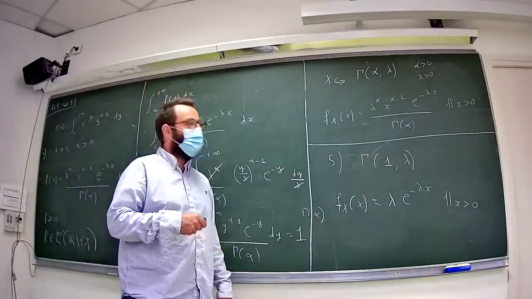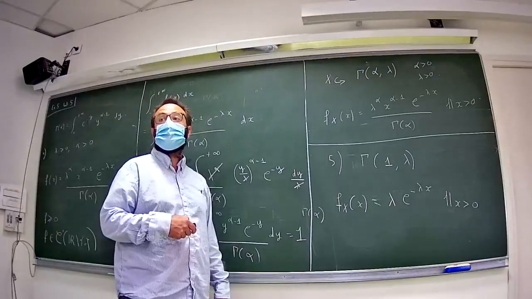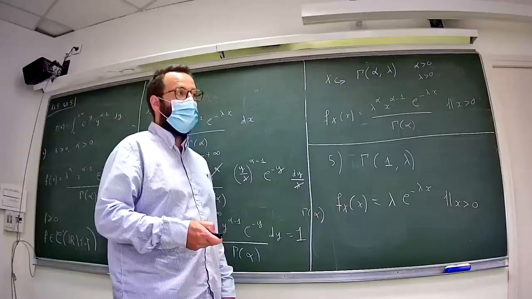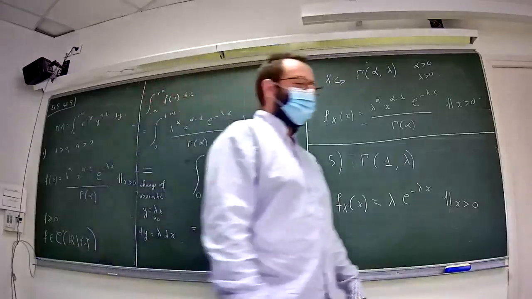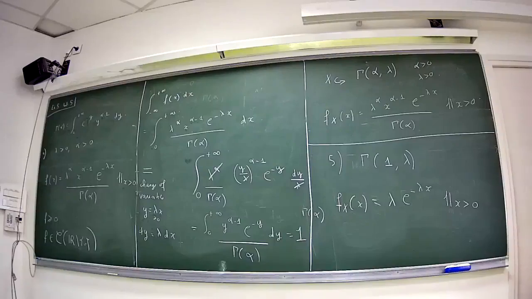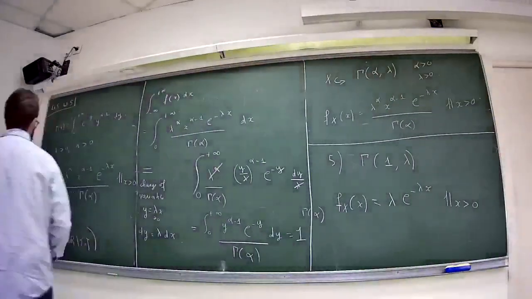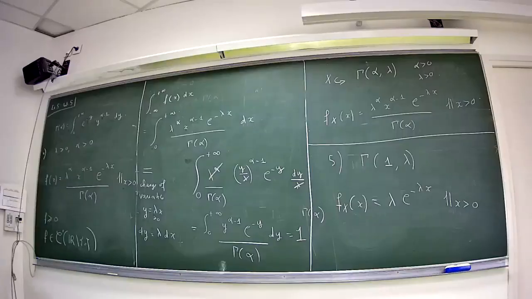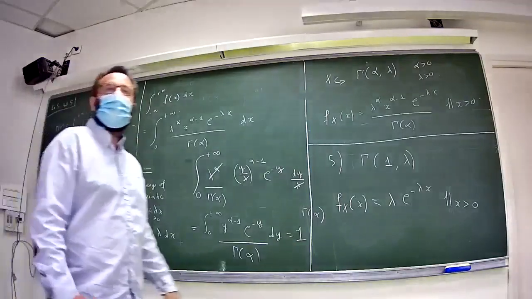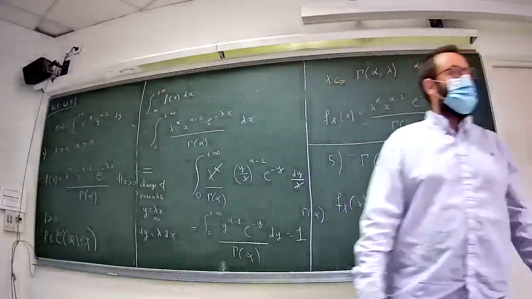What is the variance of a gamma of parameters 1, lambda? You have the answers here. For alpha equal to 1, I recover the results concerning the exponential. So I have seen a particular subcase of the gamma, and the first one is the exponential of parameter lambda.